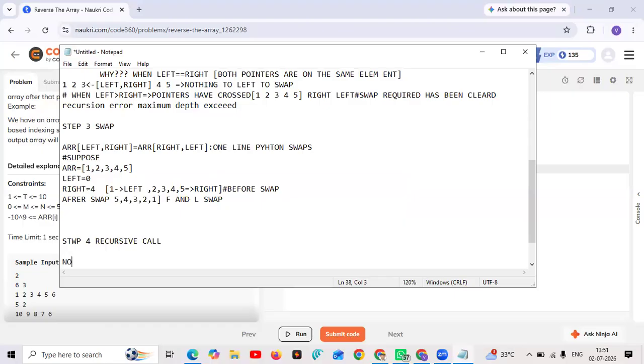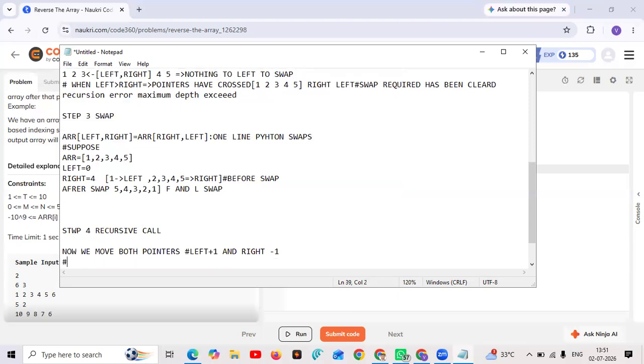So now we move both pointers, left plus 1 and right minus 1. Move right pointer backward.